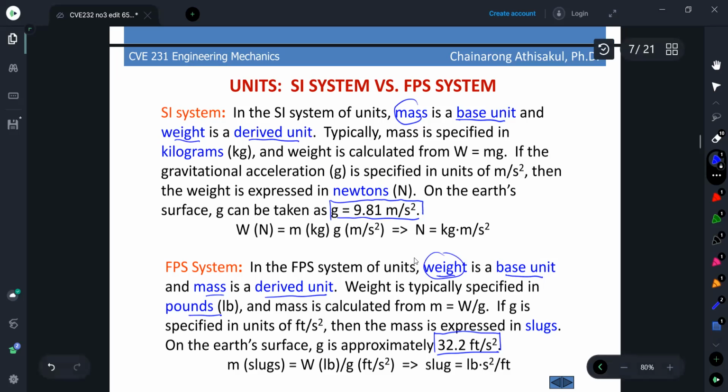When we solve the equation of motion, we require mass, so we have to determine mass by weight divided by g. We have to be careful when we solve the problem, as we have to know the units of weight and mass.